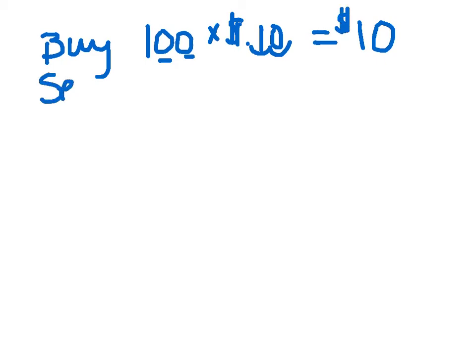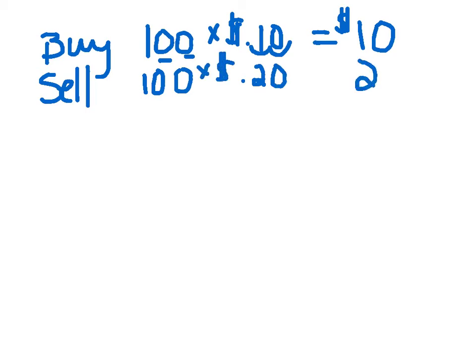If they sell those same 100 pencils for 20 cents a piece, that means that they'll be bringing in $20. In this situation, it's quite simple to see that the profit is $10.